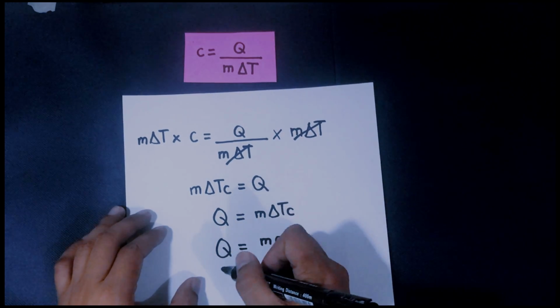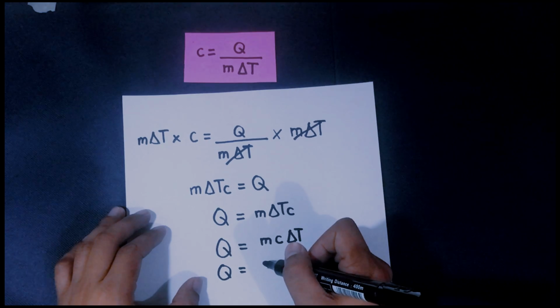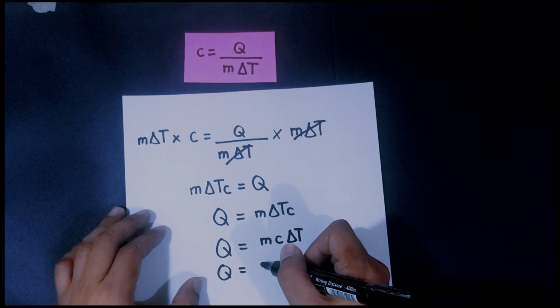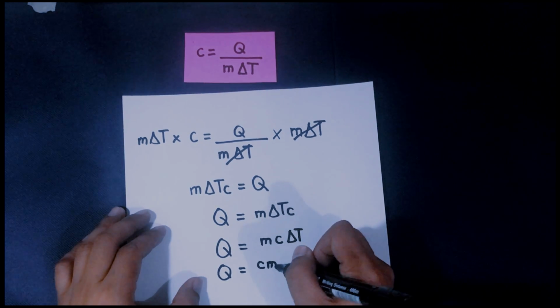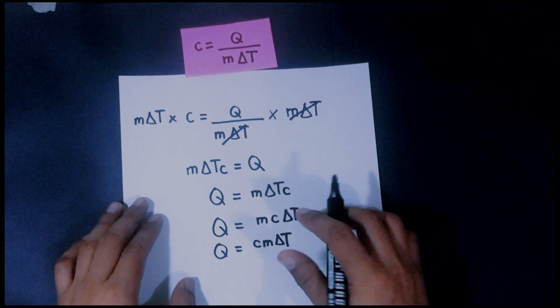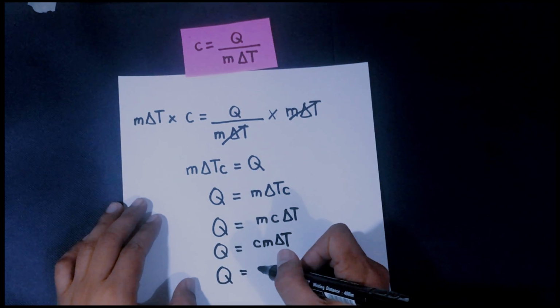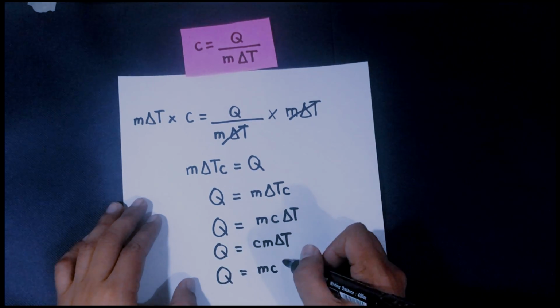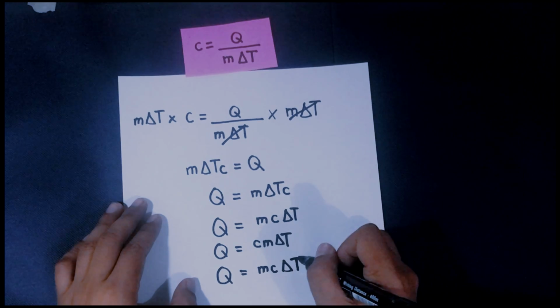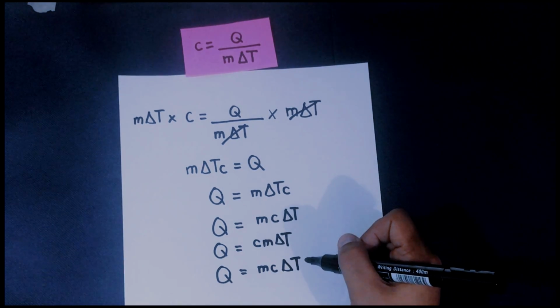Or we can have Q is equal to, let's say, C M delta T. Again, they're just the same. Or we can also have, let's say, Q is equal to M C delta T. So basically, these three equations are all the same.